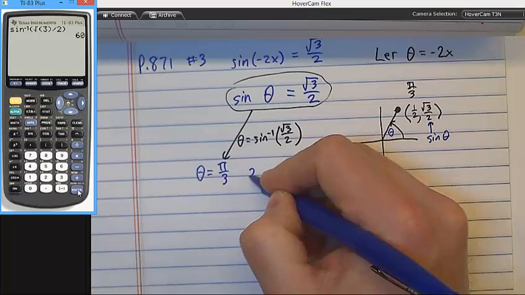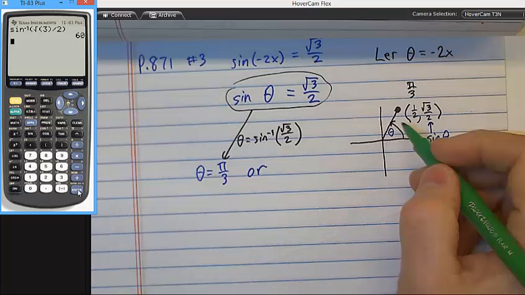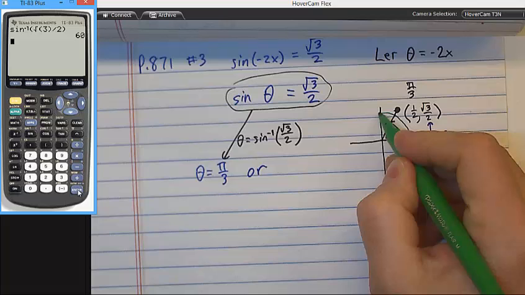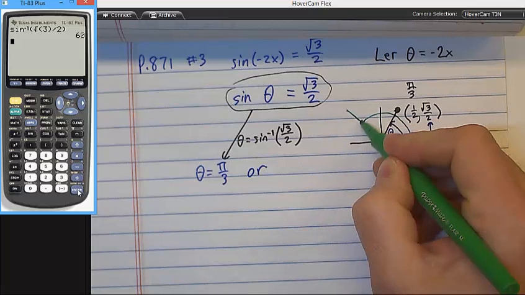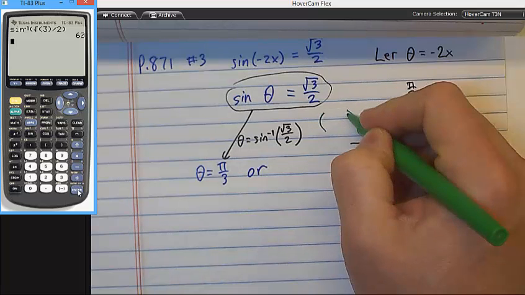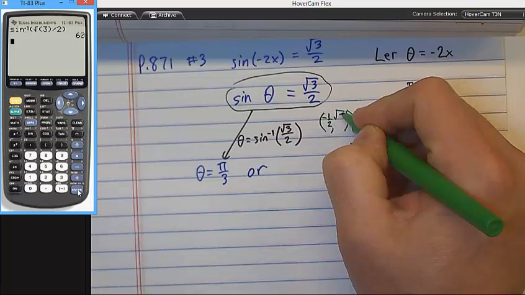But I also understand there's going to be another answer on the unit circle between 0 and 2 pi. And so where would that be? Well, over here, I understand that we have the point negative 1/2 comma square root of 3 over 2.